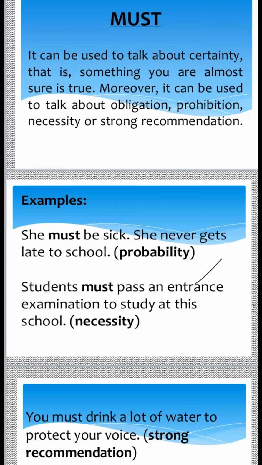Then the next one is, students must pass an entrance examination to study at this school. So necessity, compulsion or obligation is there. The obligation is that if you want to enroll in that school, you have to clear your entrance exam, like an entry test. So that is about surety and obligation as well.